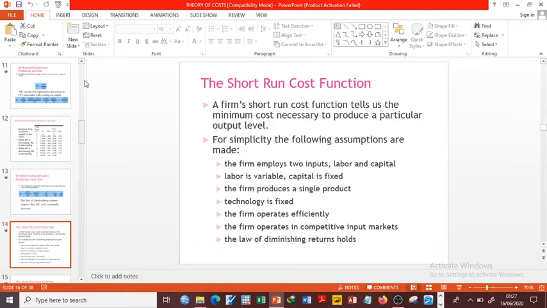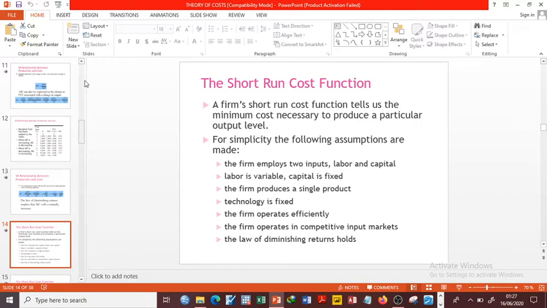So we assume that labor is variable and capital is fixed. So labor being variable is that you can increase or reduce the number of workers. Capital being fixed, it means if you began with maybe $1,000 in your business, the $1,000 will be your capital, and it will not be changing in the short run, right?